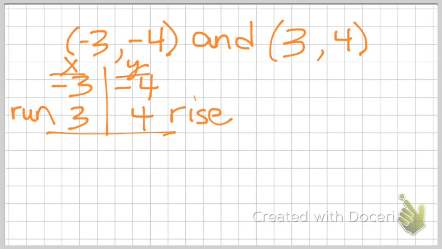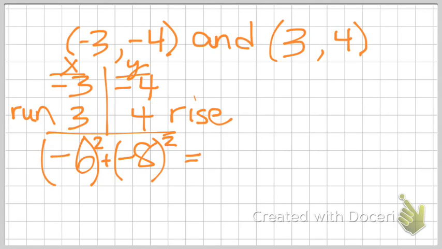And I subtract: negative 3 minus 3 is negative 6. Negative 4 minus 4 is negative 8. And I'm going to just square those and add them together. And that's going to give me hypotenuse squared, because leg squared plus leg squared equals hypotenuse squared.